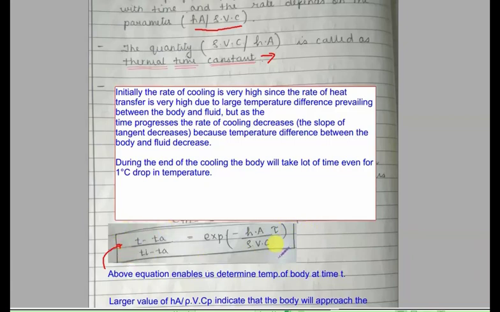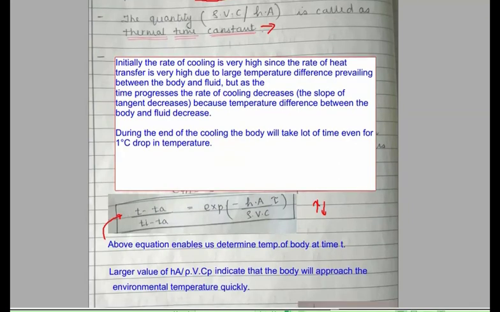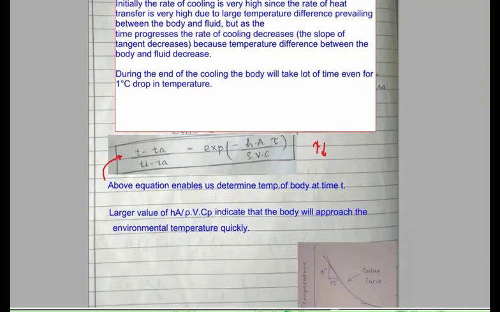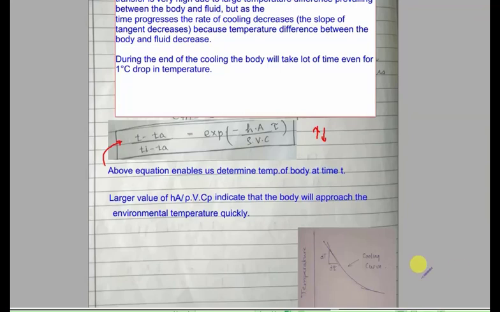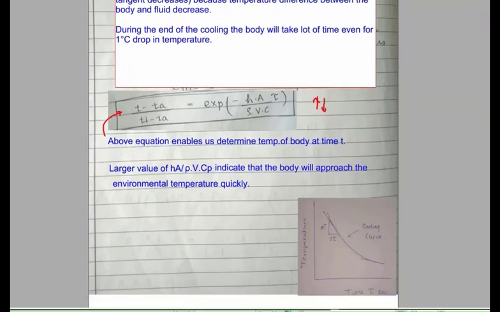You can find this from the temperature distribution equation. Here we have seen that the temperature rises or falls exponentially. It is clear that you can see this from the graph.